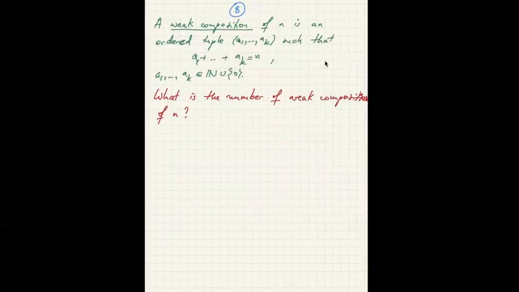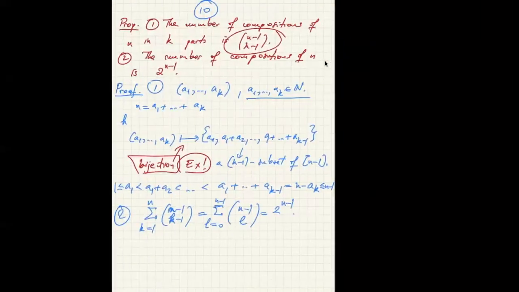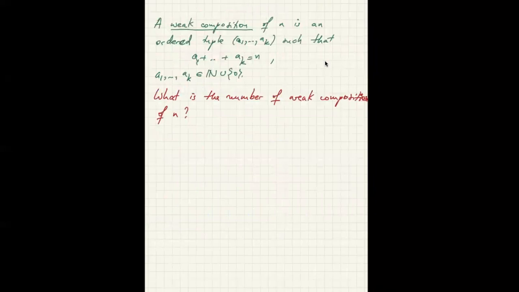Okay. So weak compositions, the difference is that we have a 0 here. So you can go all the way, as before, natural numbers, but 0 can appear there.